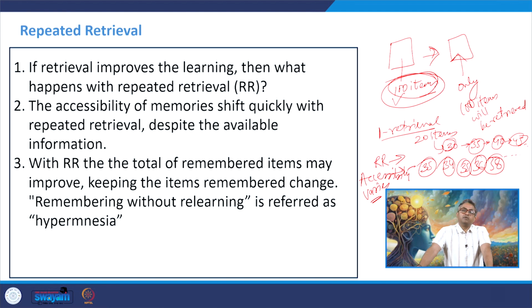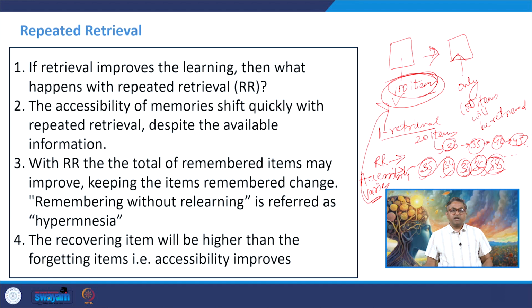But after one time learning, he is remembering the items. So when he is doing the repeated retrievals as he progresses, but not learning it, just trying to recall it, we see the accessibility of information may vary, and also every time the individual is accessing it, it is not depending on the amount of information available.